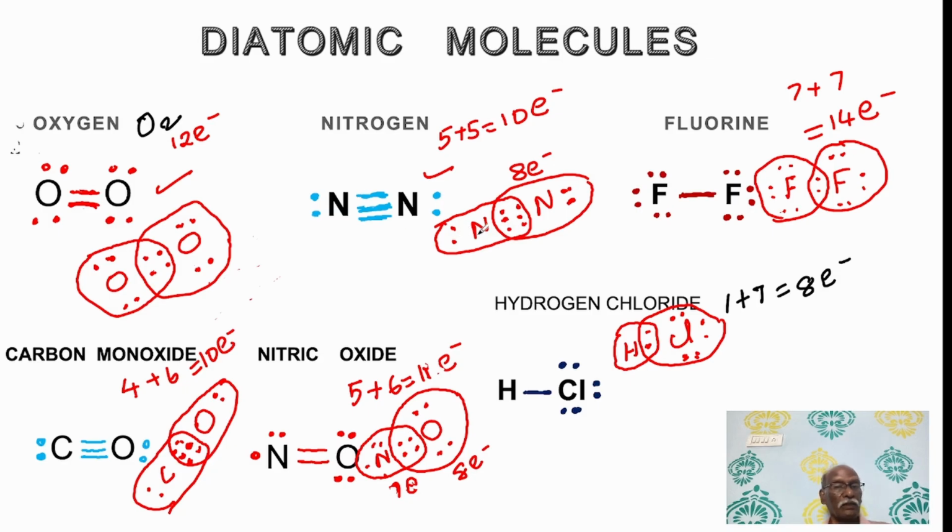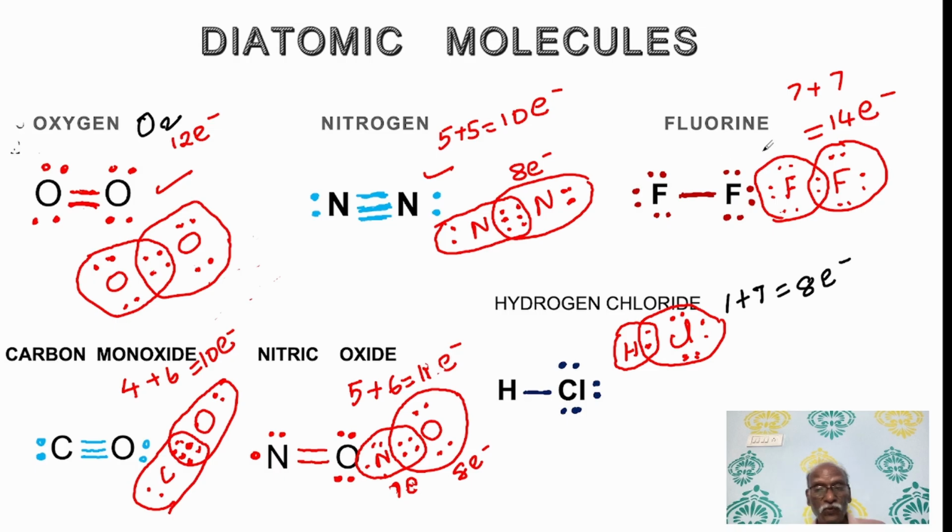So 3 pairs make 3 covalent bonds. 1 lone pair this side, 1 lone pair this side. Now we can see 6 plus 2, 8 electrons for this nitrogen, 6 plus 2, 8 electrons for the other nitrogen. This is how both the nitrogen atoms in the molecule of nitrogen acquire an 8-electron octet satisfied electronic configuration. This leads to the formation of the N2 molecule with a triple bond.